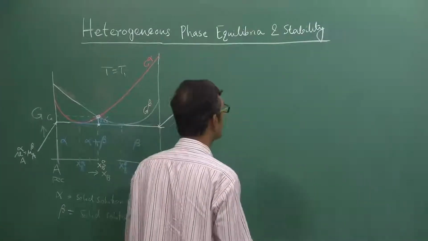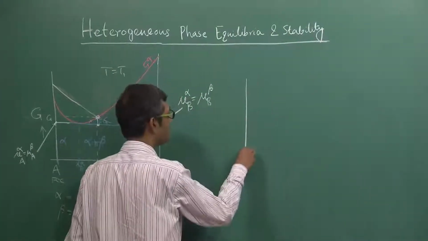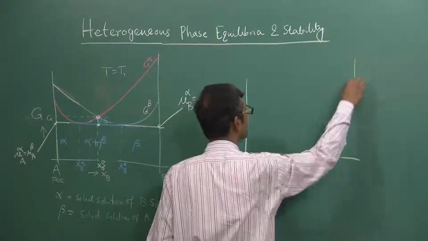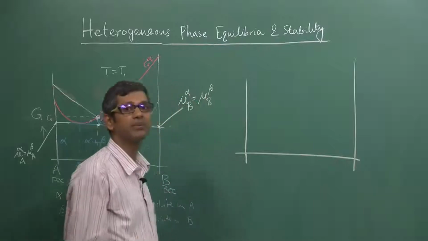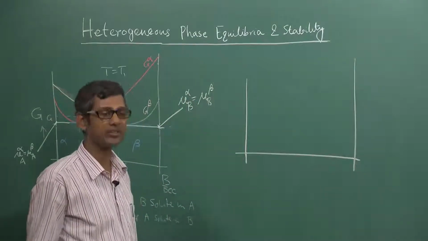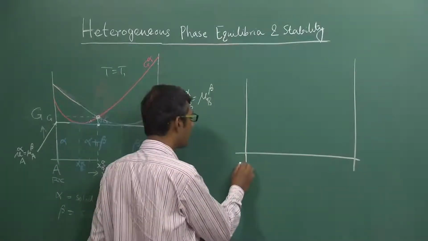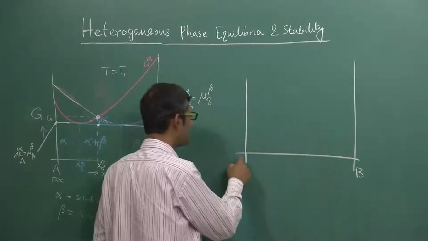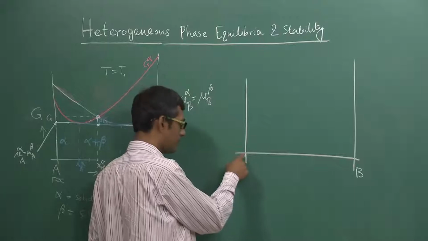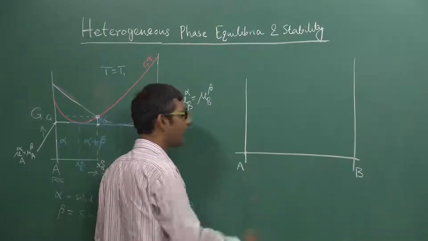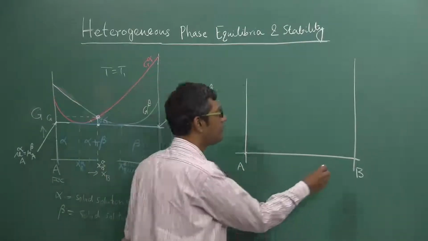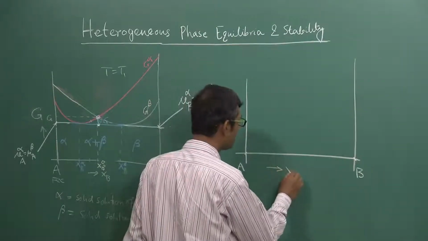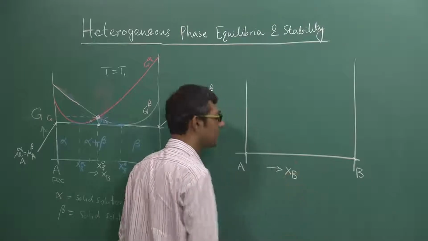The first phase diagram which I will take, I will draw here so that you can understand, is the simplest possible phase diagram in metallurgy or material science. Suppose I have two components A and B. This is A rich, that means this point is 100% pure A, this point is 100% B, and B is increasing from this end to this end.